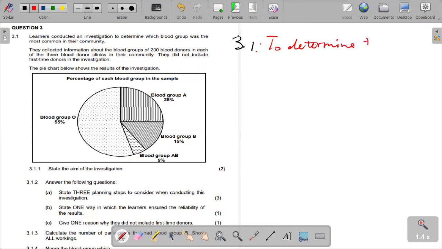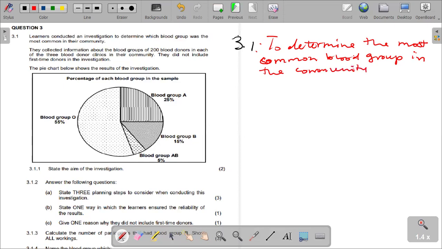the most common blood group in the community. The learners wanted to determine the most common blood group in the community.